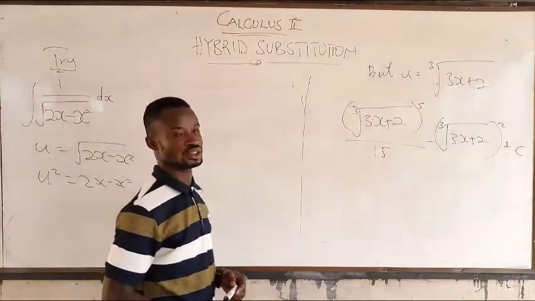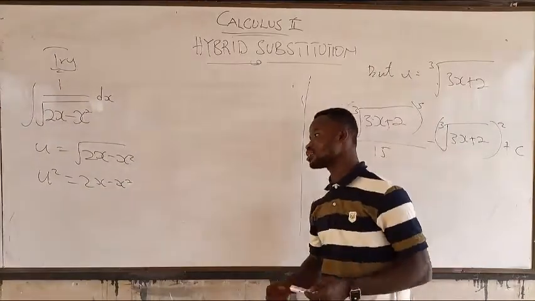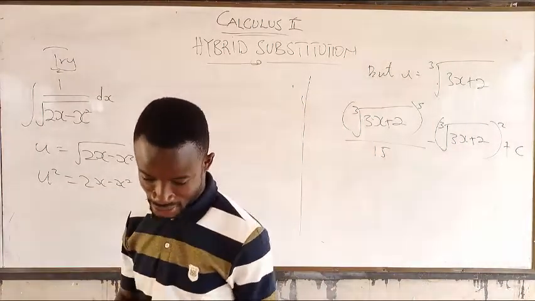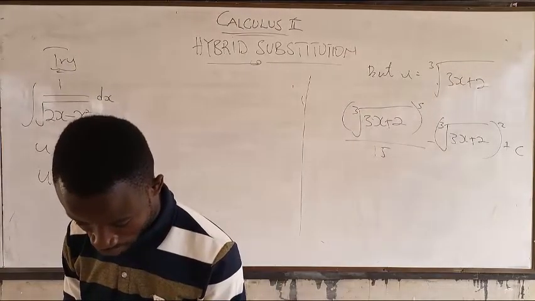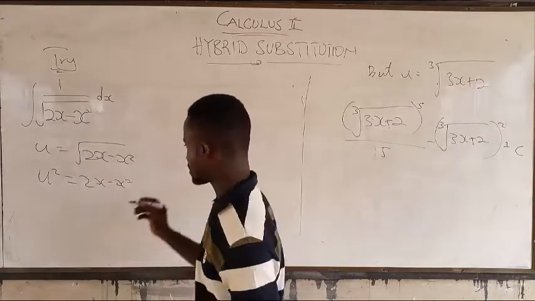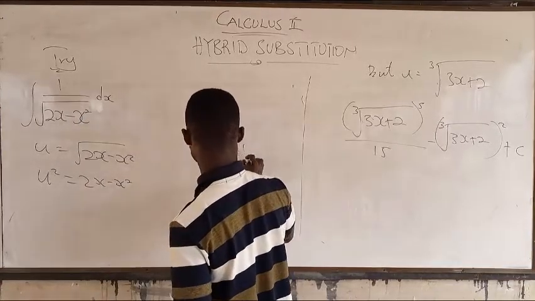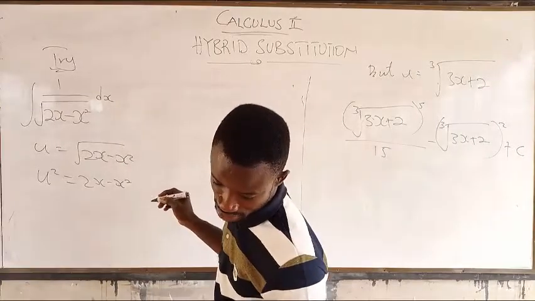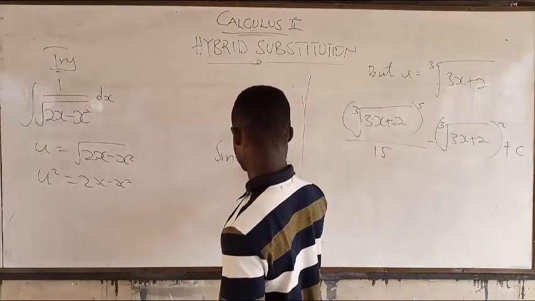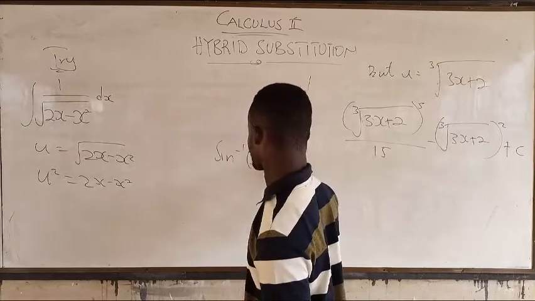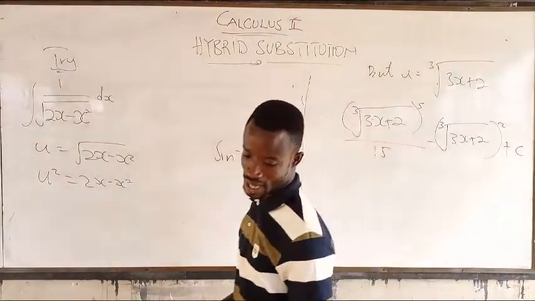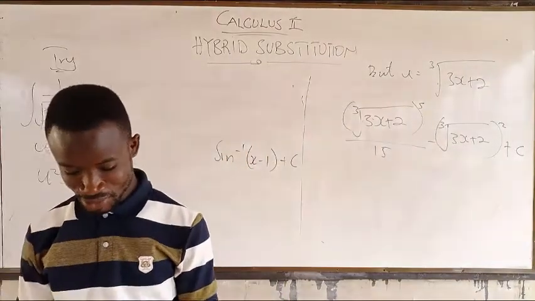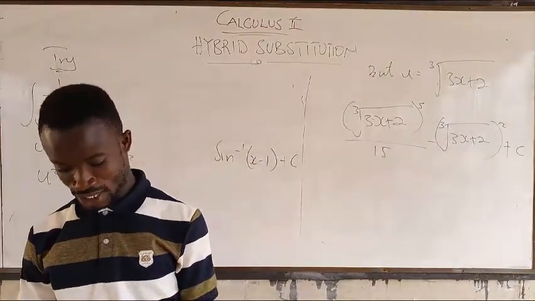Very good. So continue with it and your final answer is going to be sine inverse of x minus 1 plus c. That's going to be your final result for this.